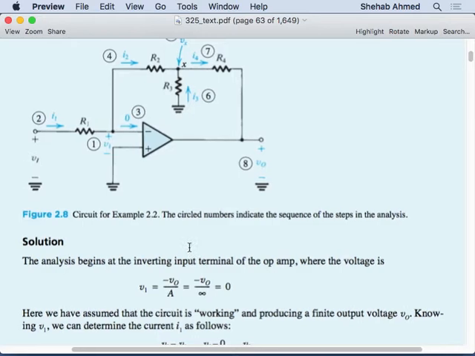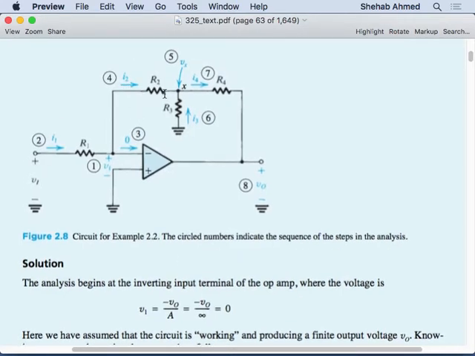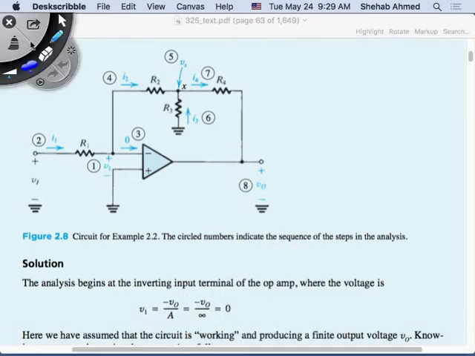The next thing we want to do is, okay, this I2 is flowing in here. I want to be able to calculate Vx. I can do it in many ways. I know the current flowing here, and I know this voltage is 0. This is 0 volts, and this is Vx, which is what I want to calculate.